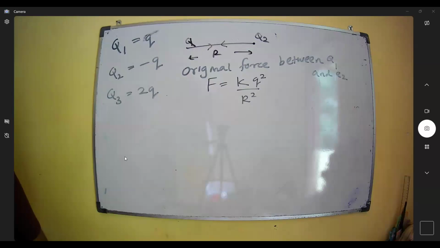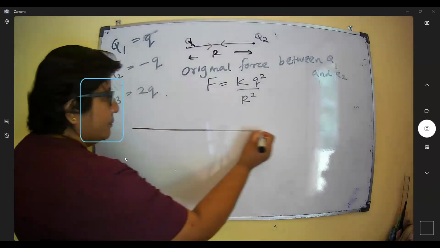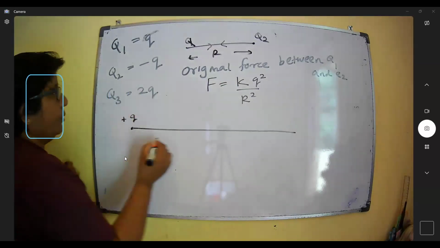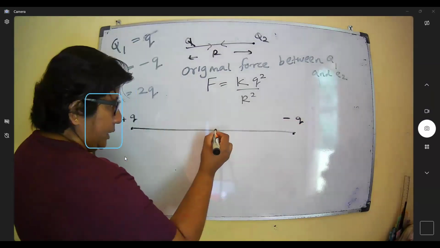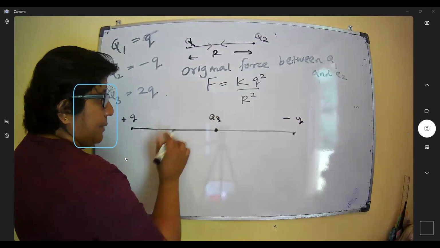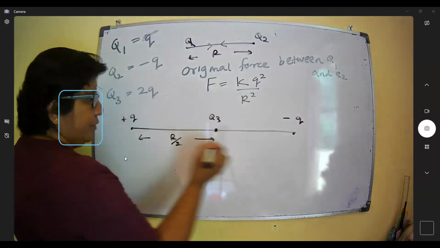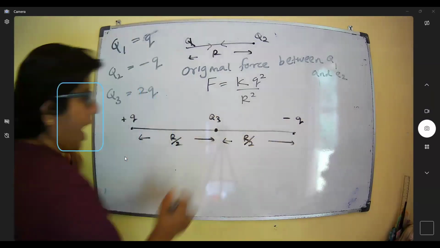Now positive Q and negative Q are placed here. We are putting the Q3 charge between these two, with R by 2 on each side. The distance between these is R by 2.